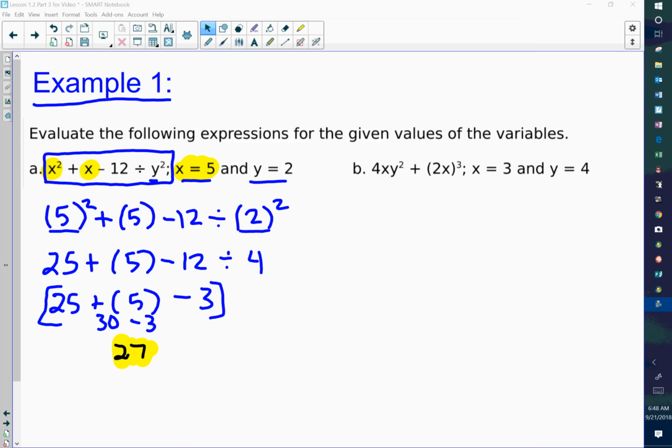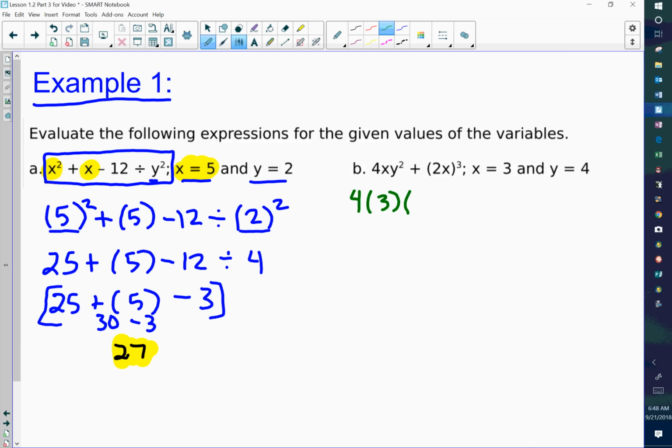Okay, copy down the second part of example 1, part B, and then pause and hit resume when you're ready. This problem's a little bit more complicated. It's got the same amount of variables, but they're all bunched together. So I'm just going to start the problem by replacing every letter with its value, putting them into parentheses. So 4, replace x with the value of 3.